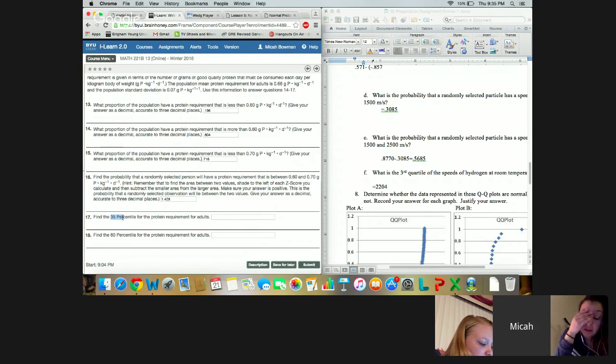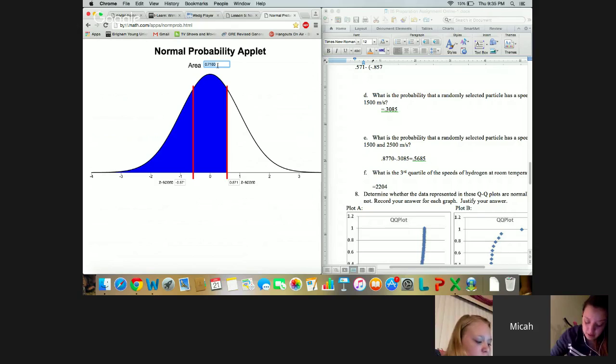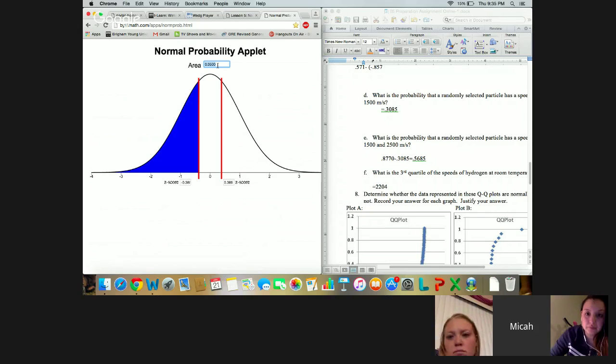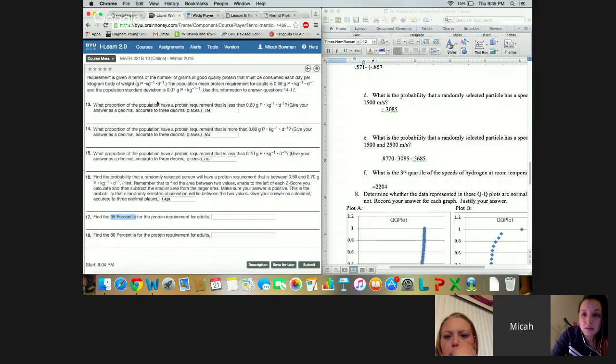The 35th percentile is the area, so if we put 0.35 in and hit enter, we'll be able to find the Z-score from that. The only way I know that is because I watched the video.